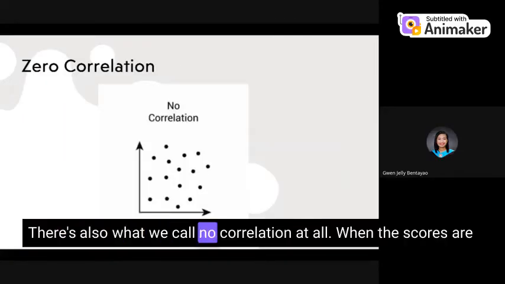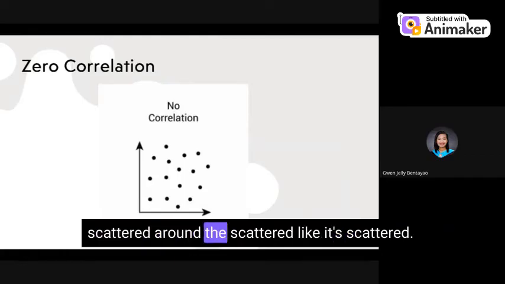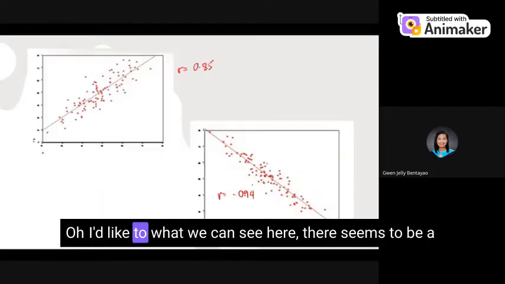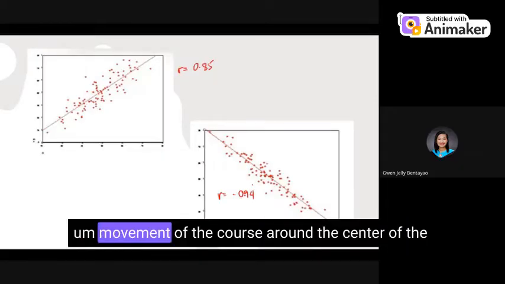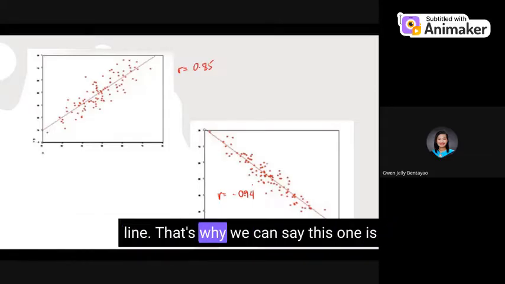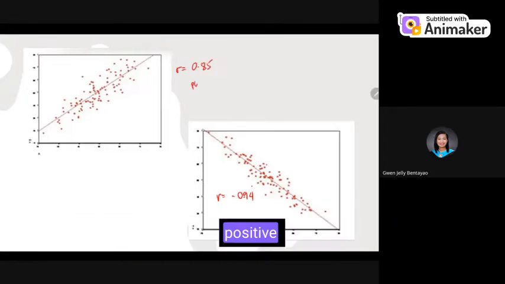There is also what we call no correlation at all, when the scores are scattered all around the scatter plot. Unlike what we see here, there seems to be a movement of the scores around the center line. That's why we can say this one is positive and this one is negative.